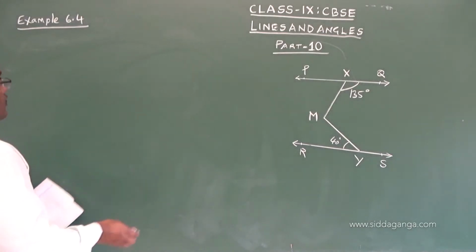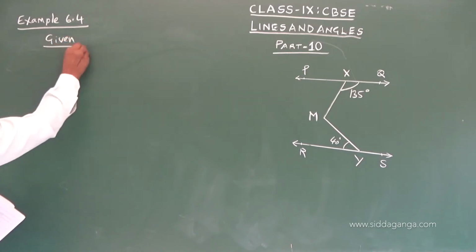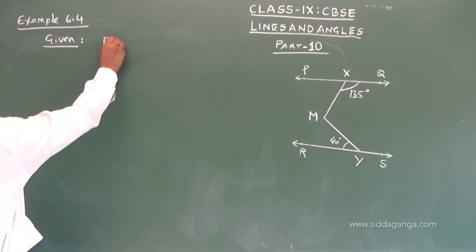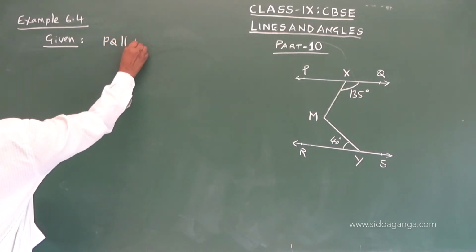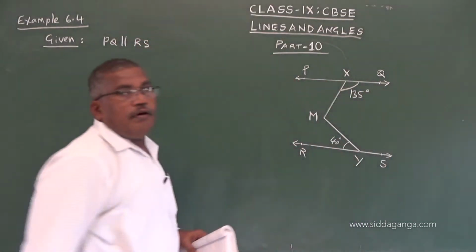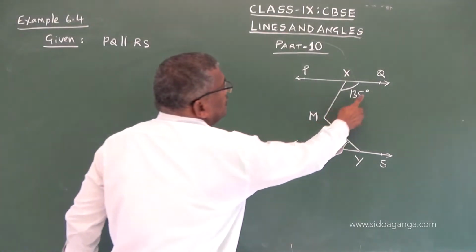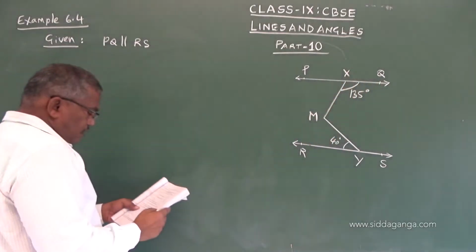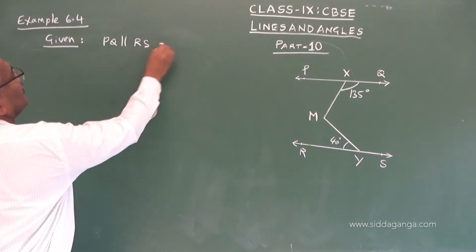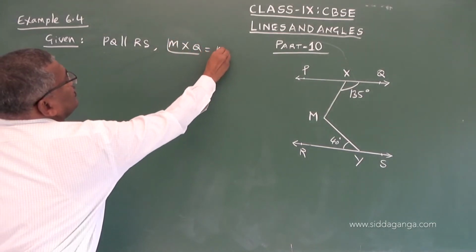So, given data, I will record the given data here. Given: PQ is parallel to RS. It is given line PQ is parallel to RS. Now this angle MXQ is equal to 135 degrees.